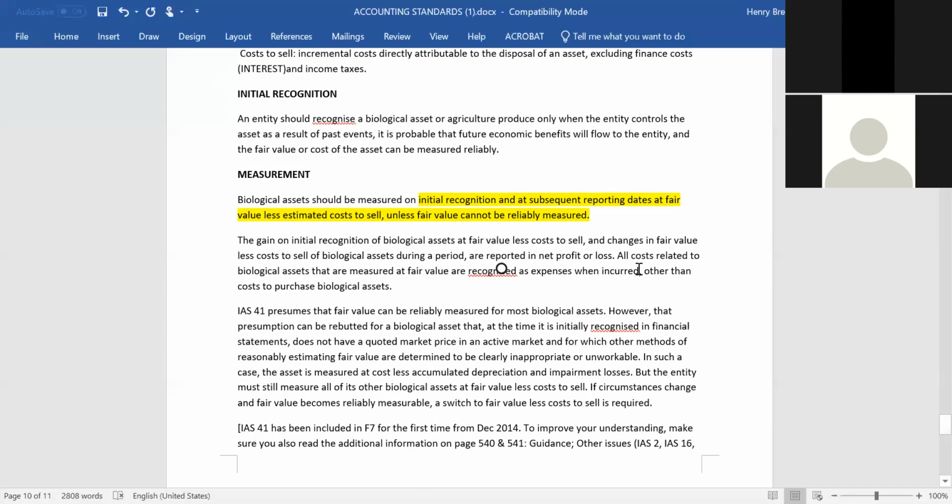So cost to purchase a biological asset is different from what we are talking about over here. Any costs which will really make this agriculture, a biological asset, be in a workable condition and location, apart from all those items that you have considered, can be treated as an expense. And I can decide to highlight that in, say, green, right?